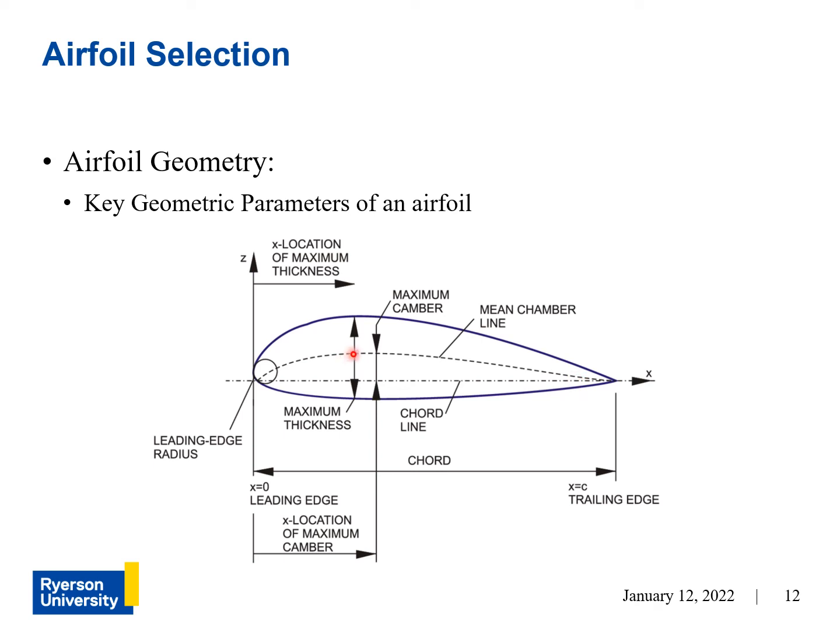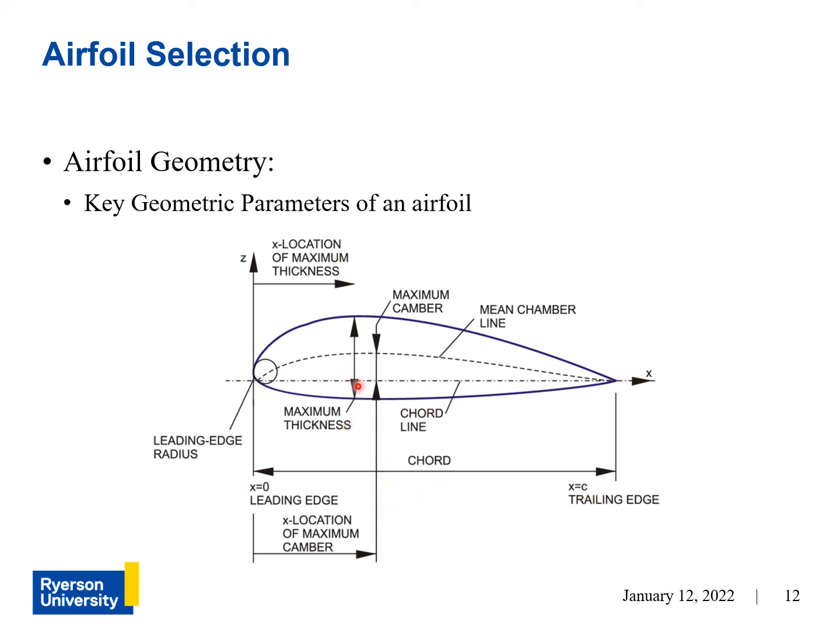So the greater the distance between your chord line and your mean camber line, the more camber, the more curve your airfoil has. And typically, the camber is measured at the maximum distance. So you have your camber line here, you have your chord line here. The maximum distance between the two happens to be here, and that is the number that you use to define how much camber your airfoil has. And that's expressed in terms of percent chord.